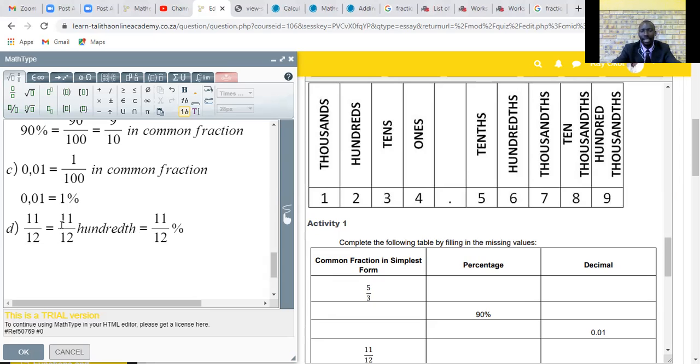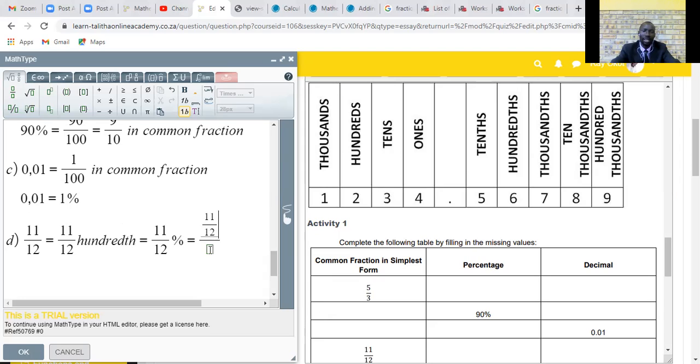Now, after writing it in percent, the next thing we want to deal with is to write it in common fraction without this symbol for percent. And what will that be? Well, we will then be having the 11 out of 12 as the numerator, and the 100 as the denominator. Now, this way, 11 out of 12, we can first simplify that.